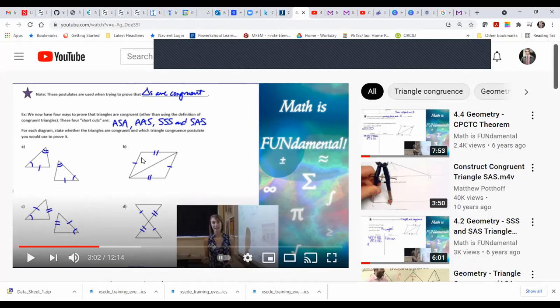So for this one using the side, and for this one using what is it? Angle, side, right? Okay, and for this one, you have angle here, you have side, you have side.